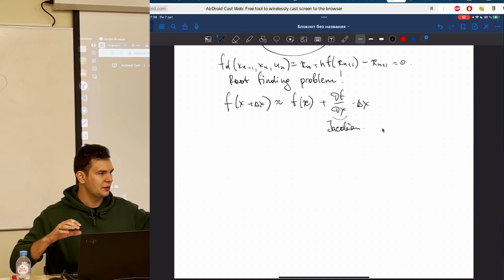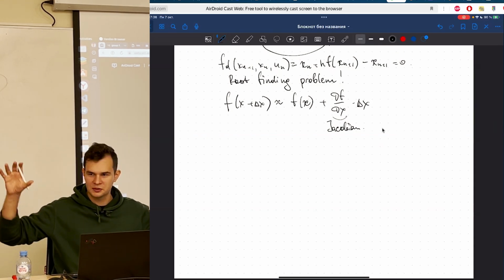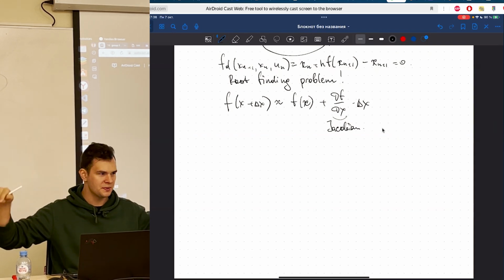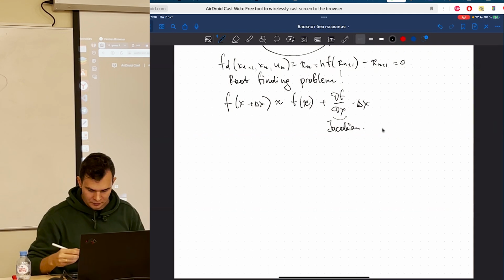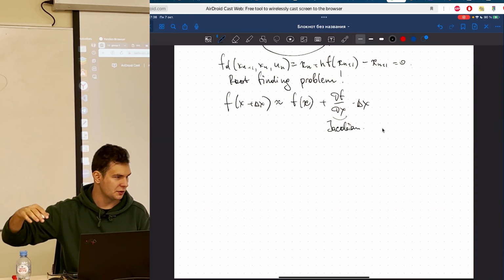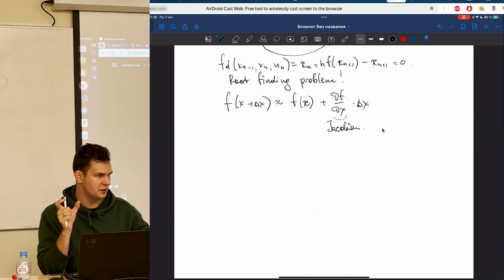So there is a vector space of delta x's, a vector space of delta f's, and the Jacobian matrix maps between them. Why is it so? Basically from the Taylor series, and this is two terms from the Taylor series.